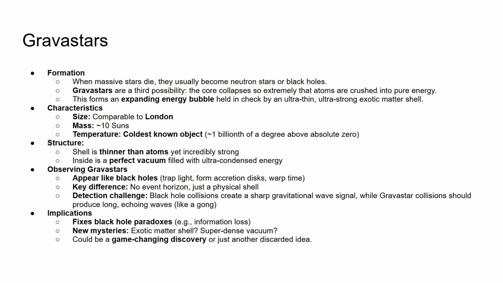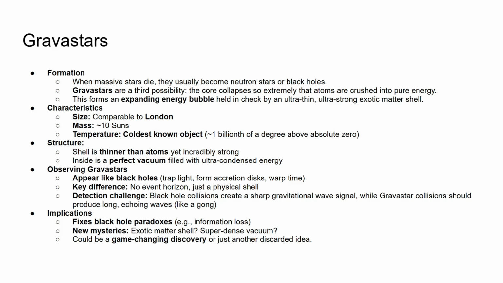Of course, this brings up another problem, which is the exotic matter shell out of which a gravistar would be made. We don't even know if that form of matter exists or if it's possible. And the idea of a super dense vacuum. The way this idea works is that space time is actually a medium, like the water on which everything floats, and that you could condense this space time medium into something like a super dense sort of energy, but it would still be a vacuum.